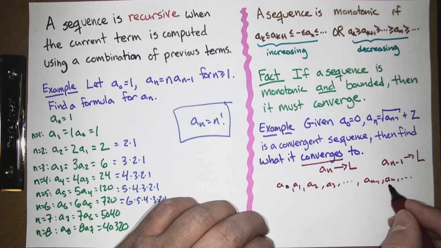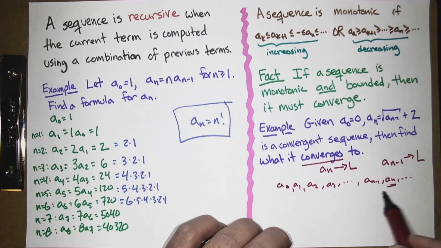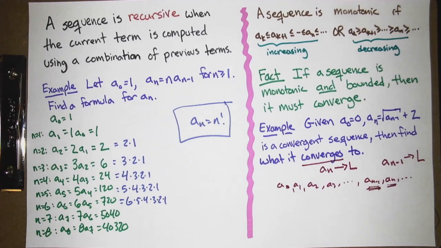Now the thing is, this number is close to L. What that means is that when I'm in the tail, I'm close to L. But this number right here is right next to a sub n. So if a sub n is close to L for all large n, well, this a sub n minus 1 has also got to be close to L because it's basically right there at the end of the list. It's just one step removed.